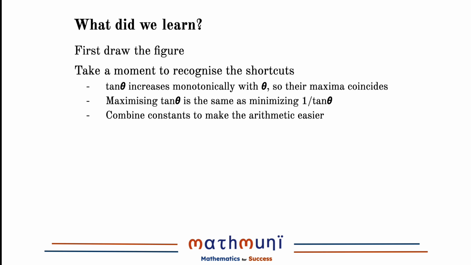Since this is much simpler to handle, we change our goal to minimizing 1 upon tan theta instead of maximizing tan theta. And this saves us a lot of unnecessary labor.